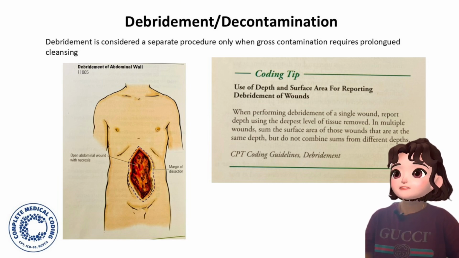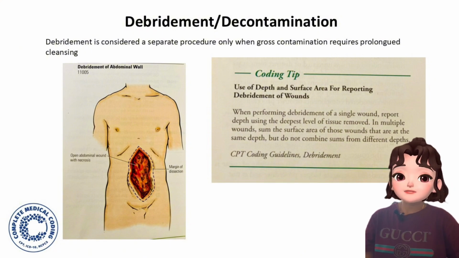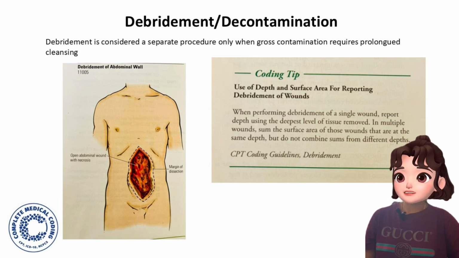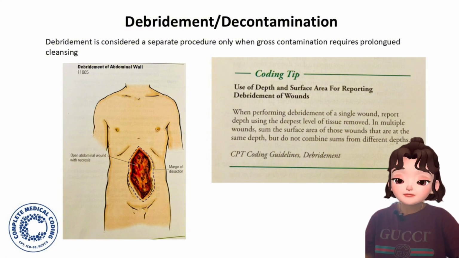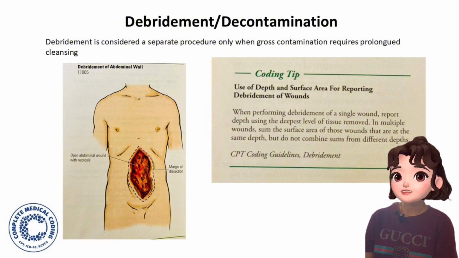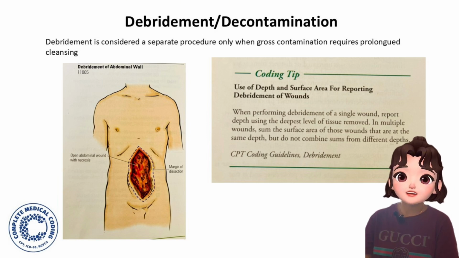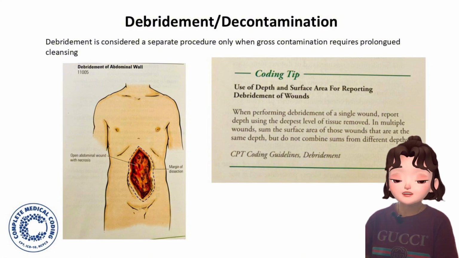When performing debridement of a single wound, report the depth using the deepest level of tissue removed. In multiple wounds, sum the surface area of those wounds that are at the same depth but do not combine sums from different depths. So if it's a single wound, report the deepest level of the tissue, whichever tissue is removed.